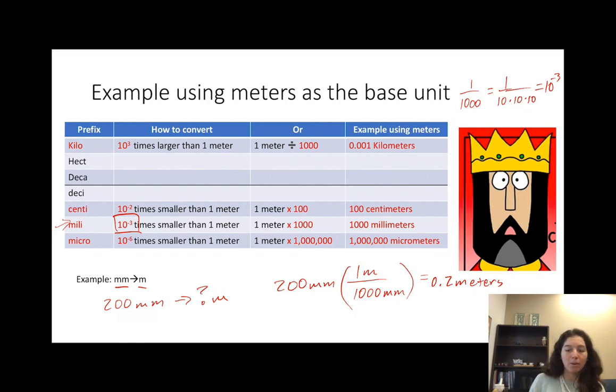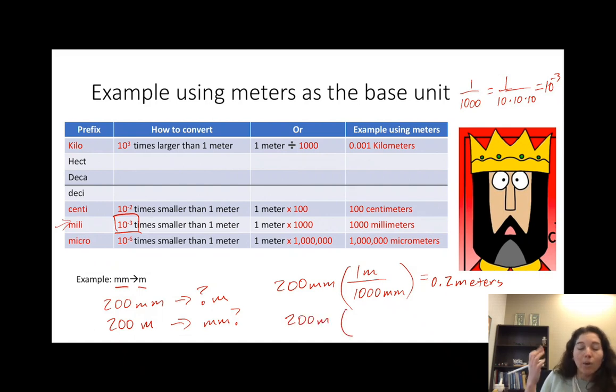It's much, much smaller. Now, if we did it the other way, say we had 200 meters and we wanted to go to millimeters, we do the opposite. We'll start with our meters, 200 meters, and we're going to look at our conversion table. We know that for every 1 meter, we have 1,000 millimeters.